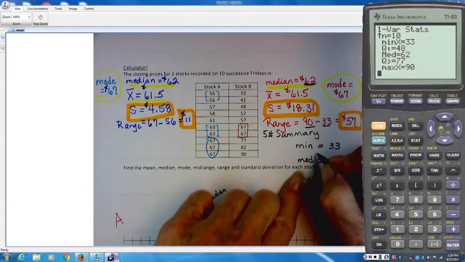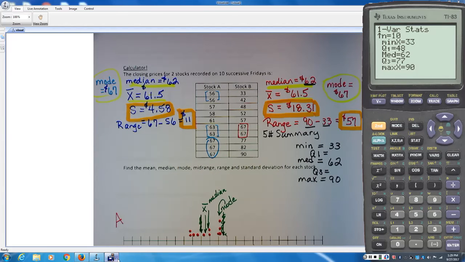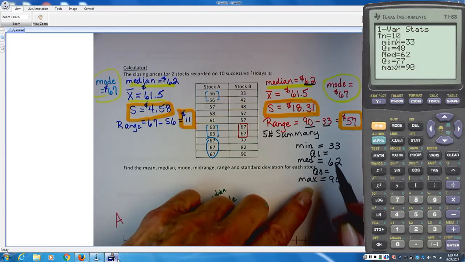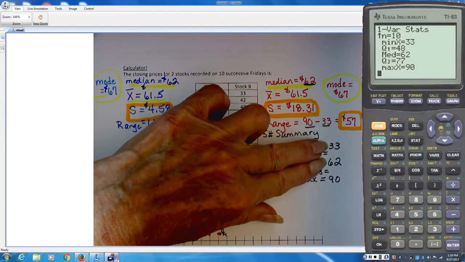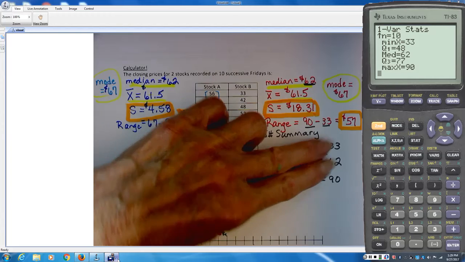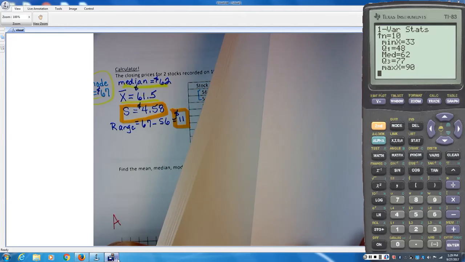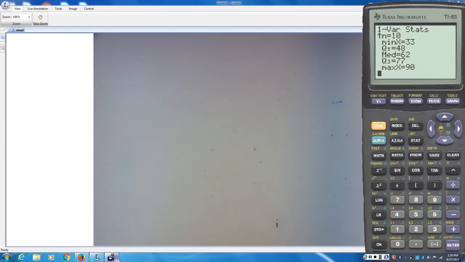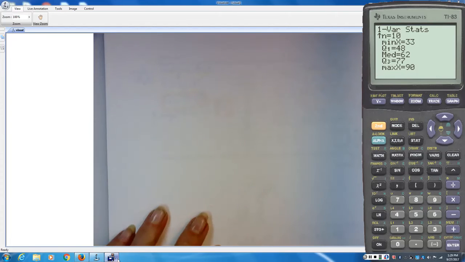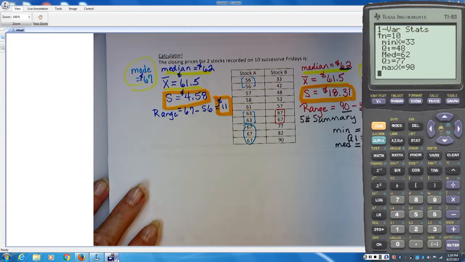It includes something called Q1 and Q3. Q1 is the median of the lower half of your numbers. The best way for you to understand what Q1 and Q3 is is for me to show you what the box plot actually does and what the 5-number summary actually does.